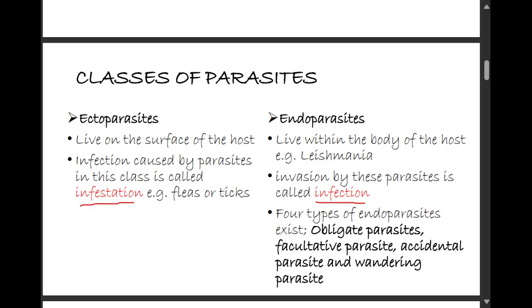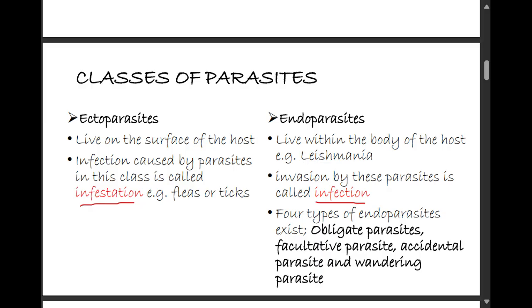By description, obligate parasites are parasites which cannot exist without having a parasitic life in the host. In other words, an obligate parasite cannot complete its life cycle without exploiting a suitable host.